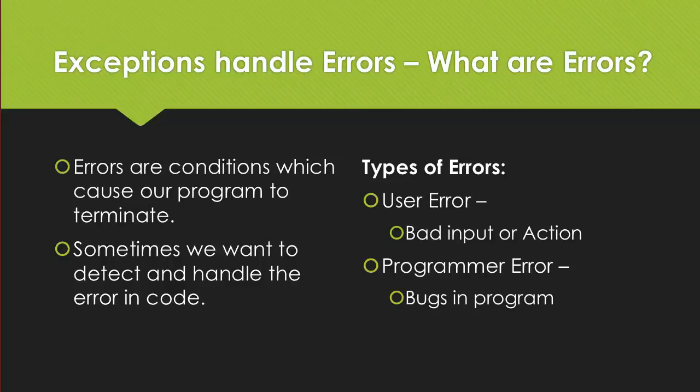There's really two types of errors that occur. There's user error, which is bad input. Somebody types in something or does something that the program cannot handle, and therefore it terminates. And then there's programmer error, which is we write our code in a way that a certain condition is hit, and then an exception occurs. And we've seen this kind of thing when you're looping through an array and you index a value of that array outside the boundaries of the array.